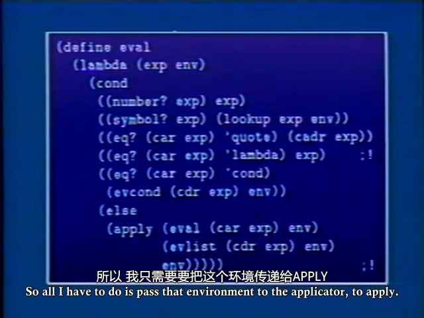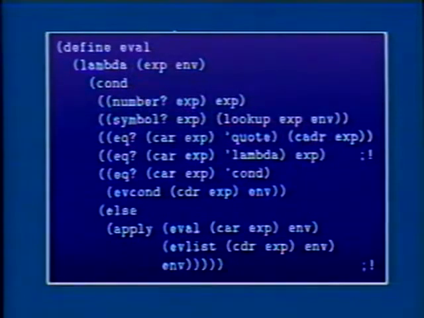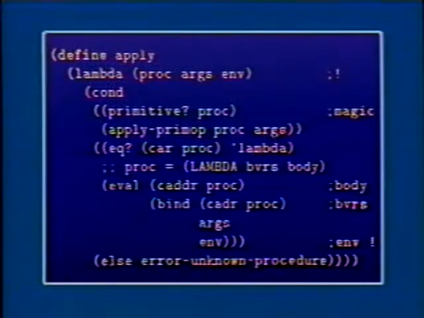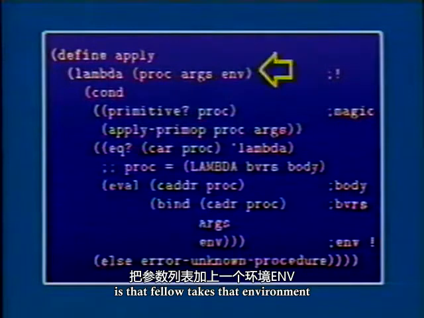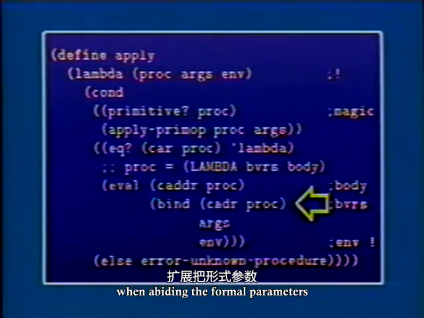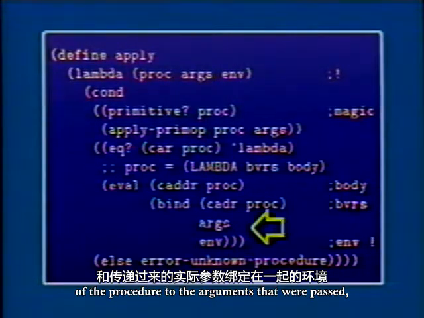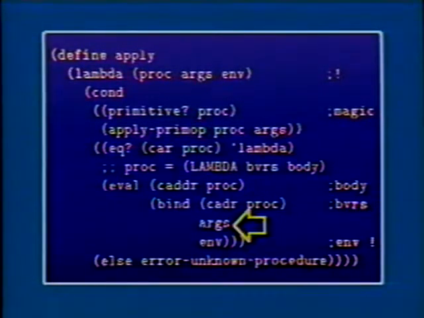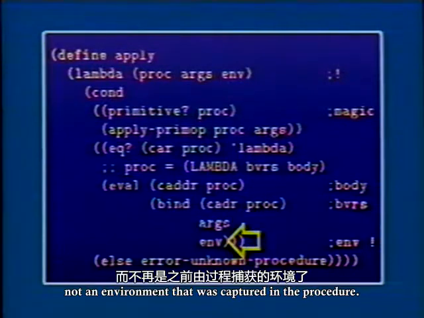So all I have to do is pass that environment to the applicator to apply. And if we look at that here, the only change we have to make is that that fellow takes that environment and uses that environment for the purpose of extending that environment when binding the formal parameters of the procedure to the arguments that were passed. Not an environment that was captured in the procedure.